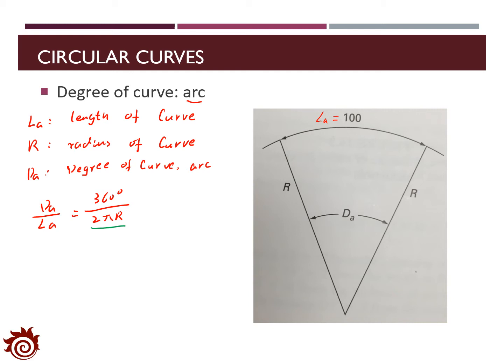Usually in the metric system, dA is defined as the angle with the arc length of 100 meters. So that is dA divided by 100 equal to 360 degrees divided by 2 pi r. And in this figure, it's shown as the angle with the length of 100 meters.